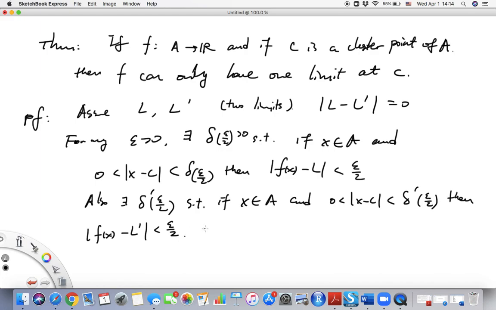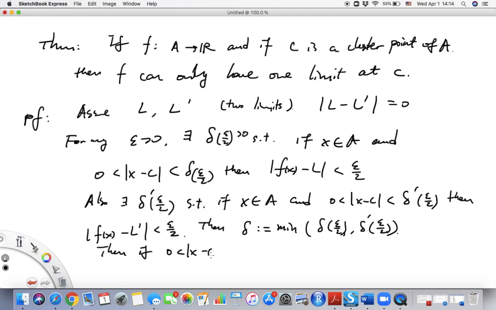And then what do we do next? Then we take delta to be the minimum of the two. Then, if 0 less than |x minus c| less than delta, that implies it's less than both of them, since delta is the minimum of the two, right?